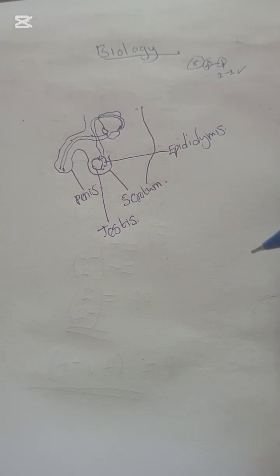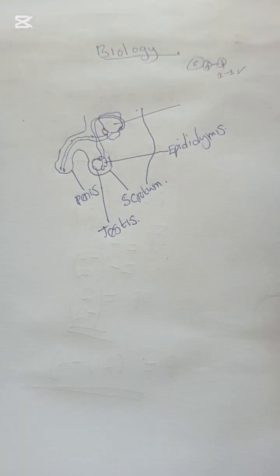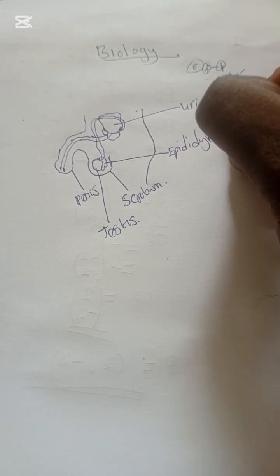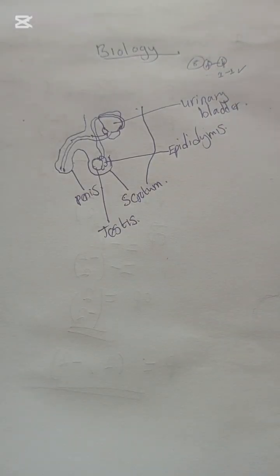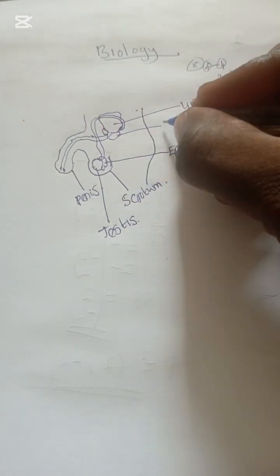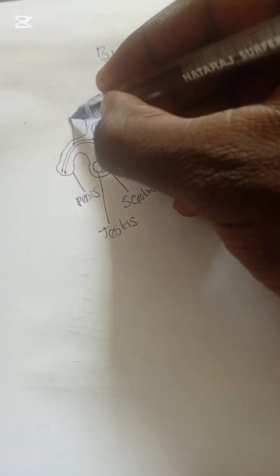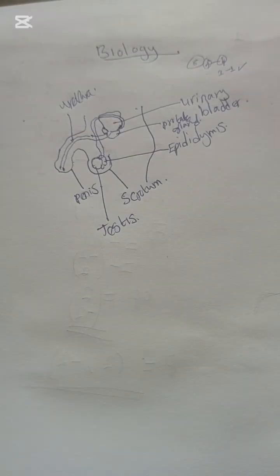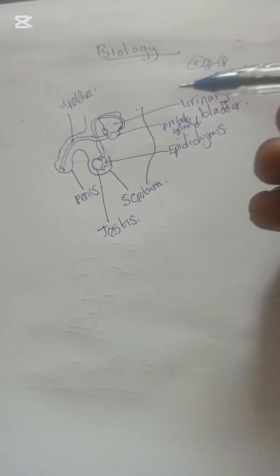In my time, I used to call it epididymis, though funny it is, in biology you just have to know the spelling. It doesn't matter the way you pronounce it. This is the urinary bladder. Then somewhere here we have the prostate gland. Then this tube is the urethra. Then this one, the sperm duct.